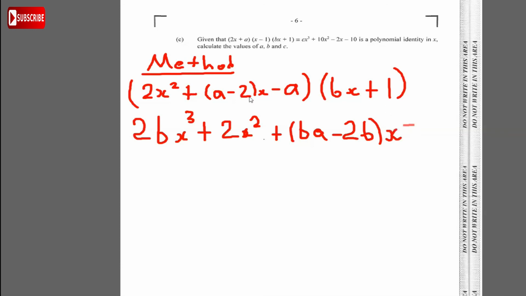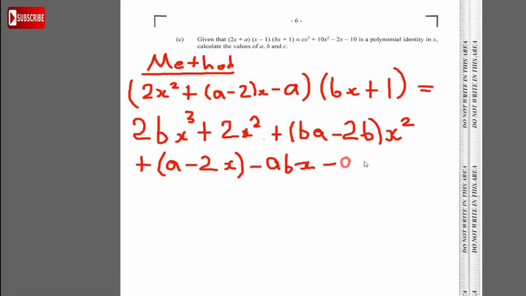Then we have 1 times this, which is just plus (a - 2) times x. Then you're going to have minus abx, minus a.